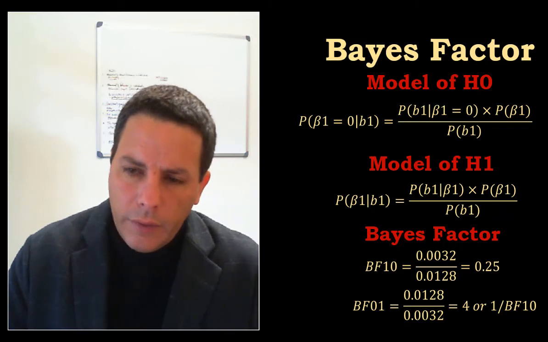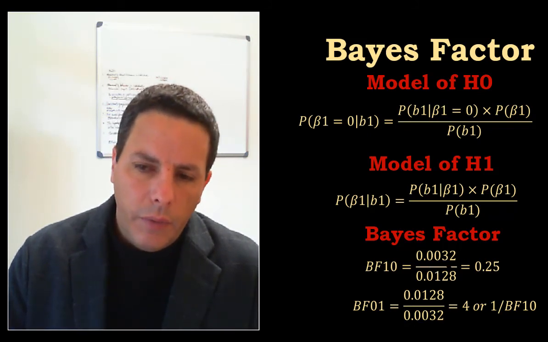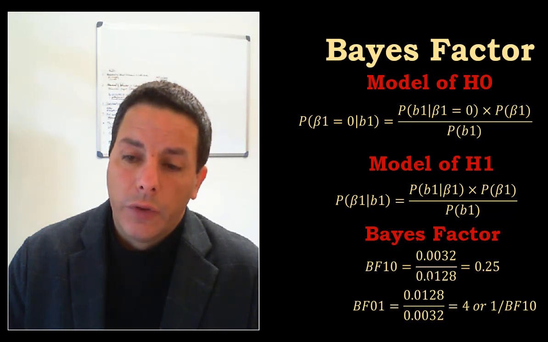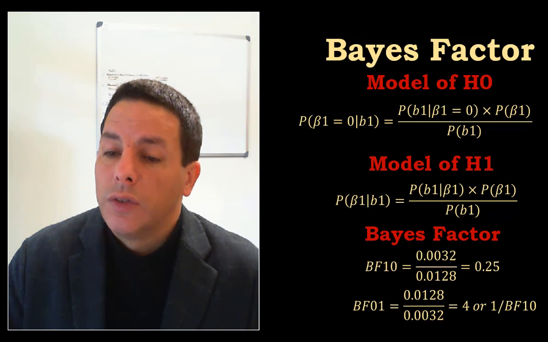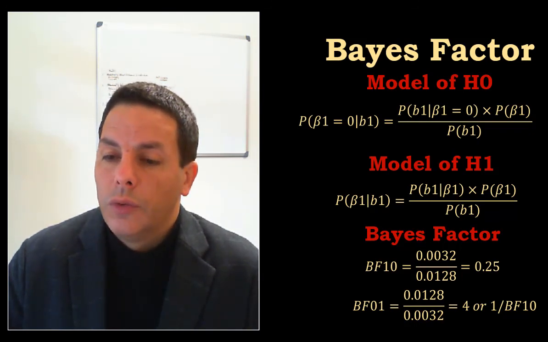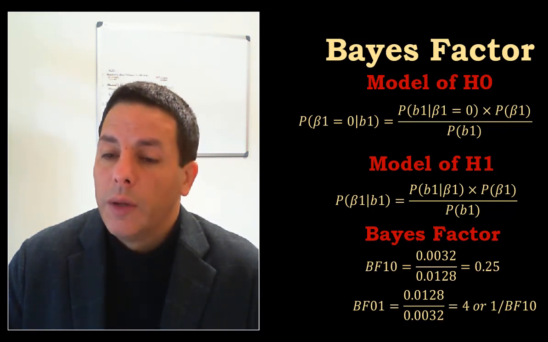One important issue is that it could be the case that the alternative hypothesis has a probability lower than that for the null hypothesis, and in this case the BF, the Bayes factor, will be lower than 1, so 0.25 in this case. It is difficult to communicate what 0.25 means.